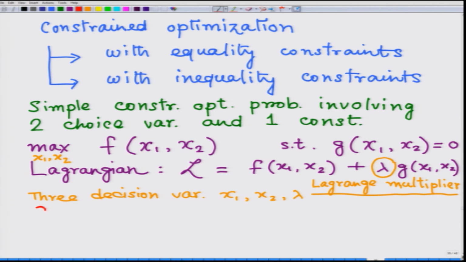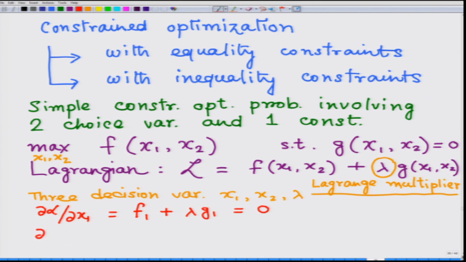So, we are talking about del L by del x1 and we get f1, the first partial derivative of function f with respect to the decision variable x1, plus lambda g1, we need to set that equal to 0.